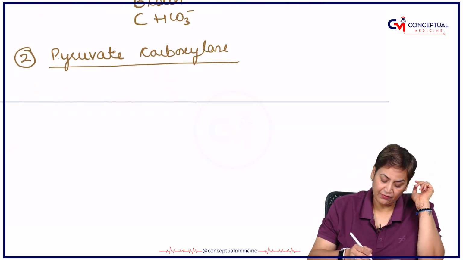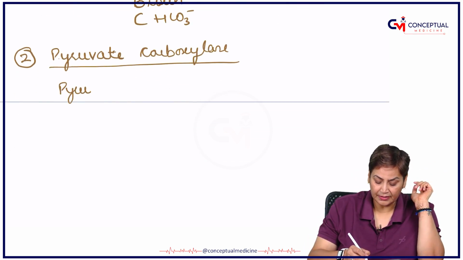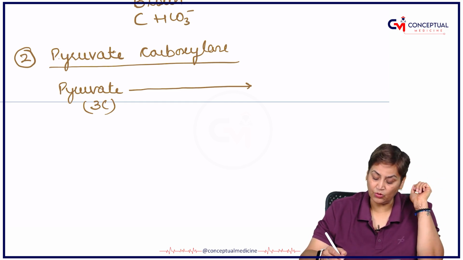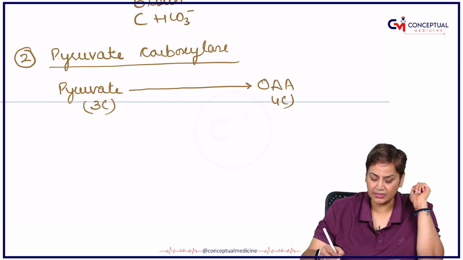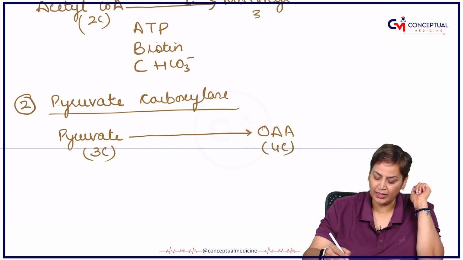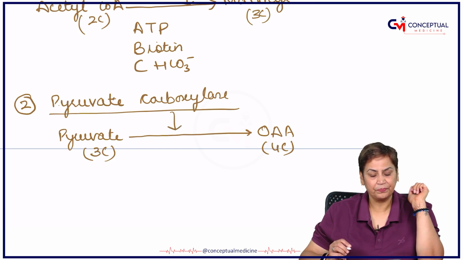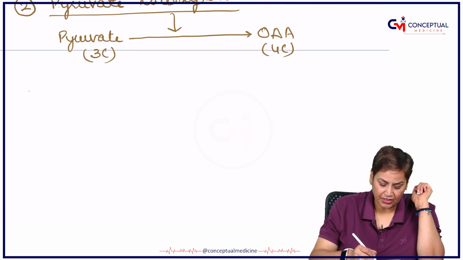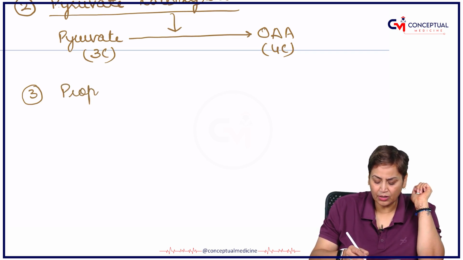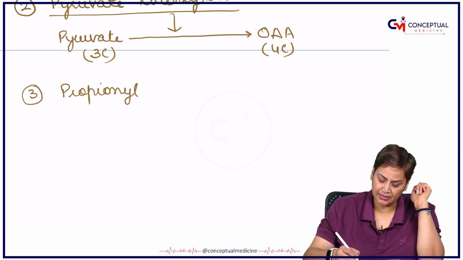Here in the reaction, pyruvate, which has 3 carbon atoms, is converted into oxaloacetate, which has 4 carbon atoms. Here also, acetyl coenzyme A has 2 carbon atoms, and the product has 3 carbon atoms. So we are increasing the number of carbon atoms. Then the third carboxylation reaction is propionyl-coenzyme A carboxylase.